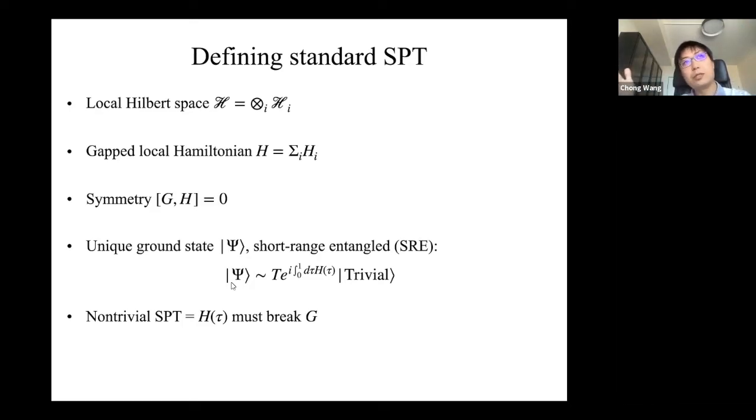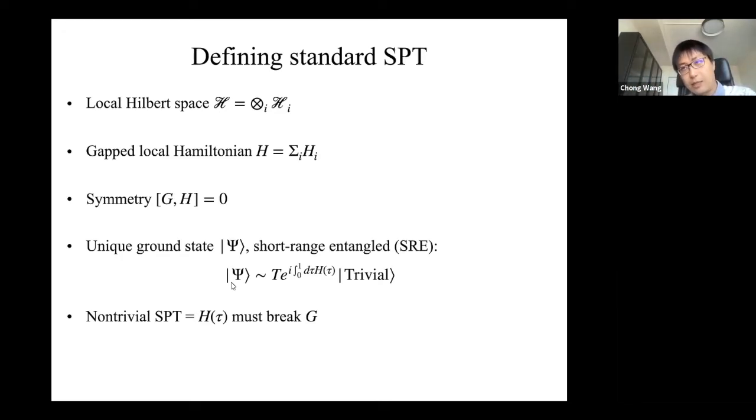Right? Here, completely trivial state, if you're thinking about a spin system, it could mean that all spins pointing up. Right? More precisely, or more generally, I want this trivial state has no entanglement. It's an unentangled direct product state. Okay. Or if you think about fermions, then think about an atomic insulator.